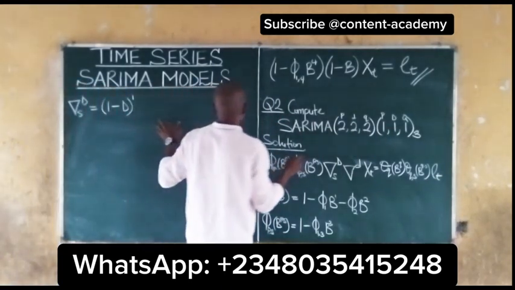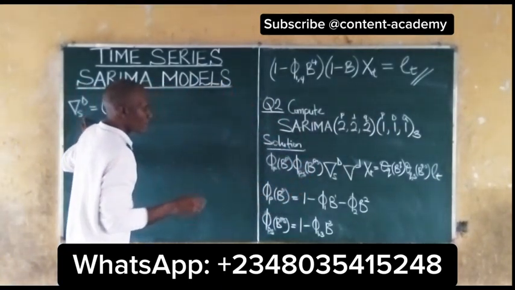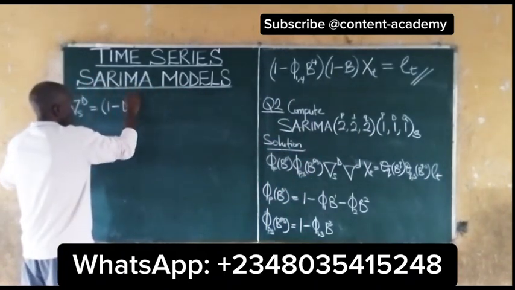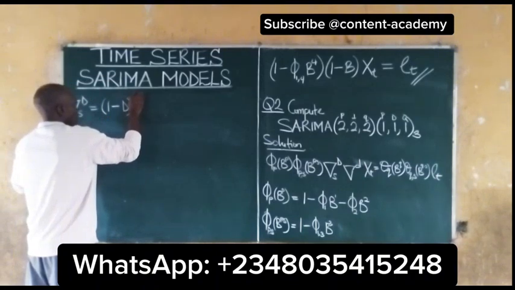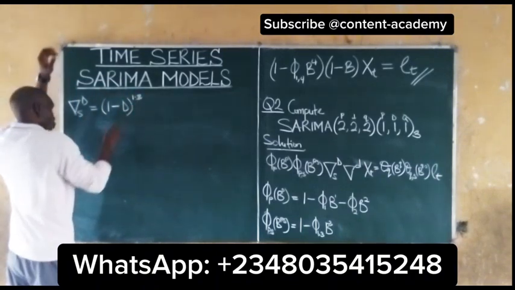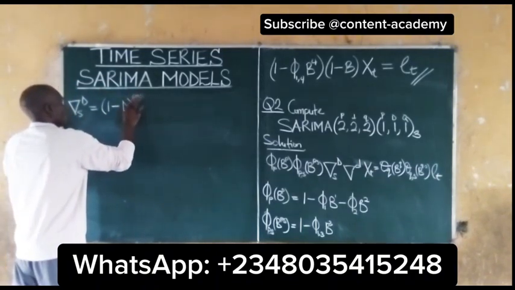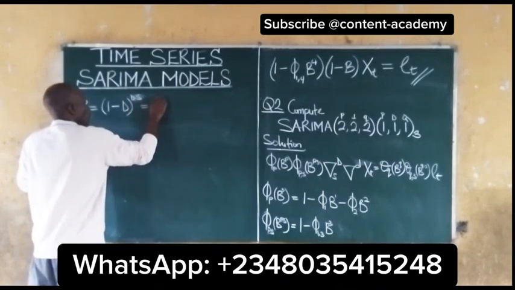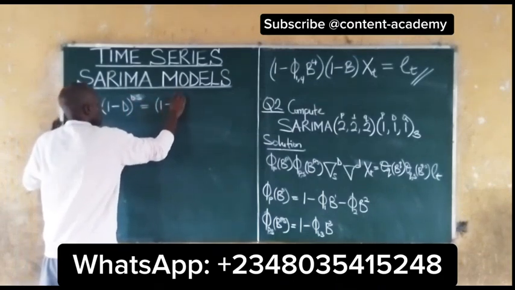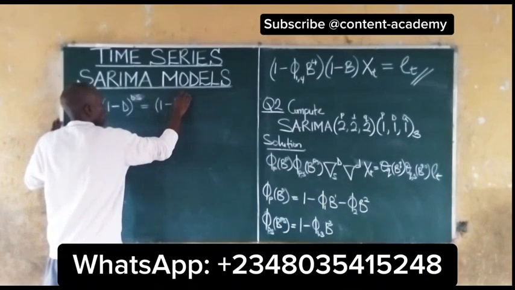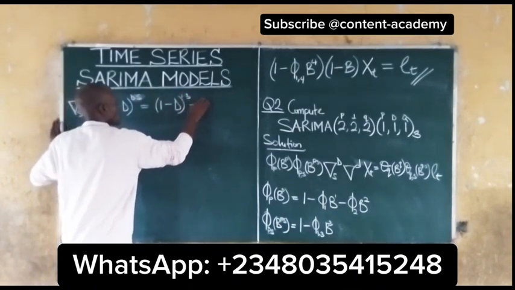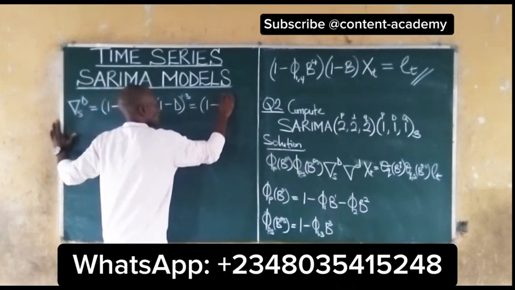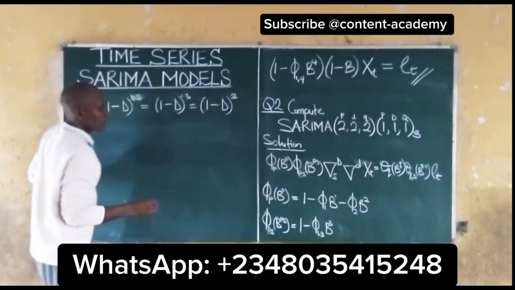Also, our S here is 3. So it is written as 1 minus B^S, which is 1 minus B raised to the power of 1 multiplied by 3, which is 1 minus B^3.